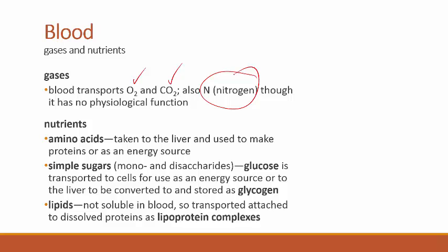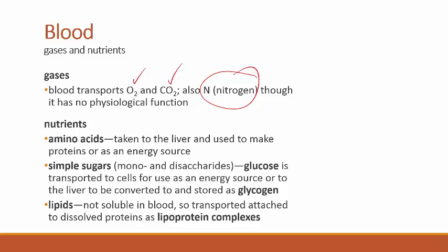So as we digest simple sugars and lipids, they enter the bloodstream and can be carried around to their destinations where they're going to be used. So amino acids are generally taken in at the liver and are used to build the proteins that we see in the blood, or sent out to the muscle cells and other protein-requiring cells to help stimulate repair and growth processes.